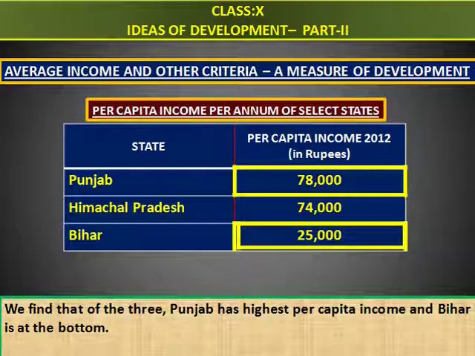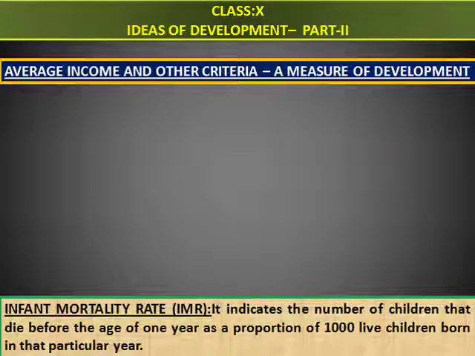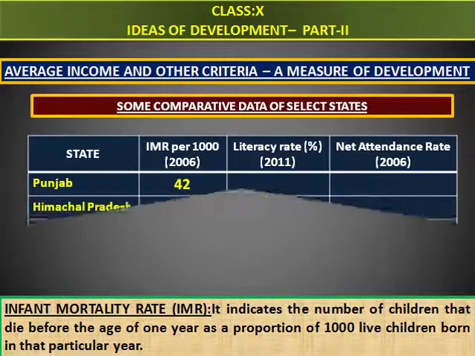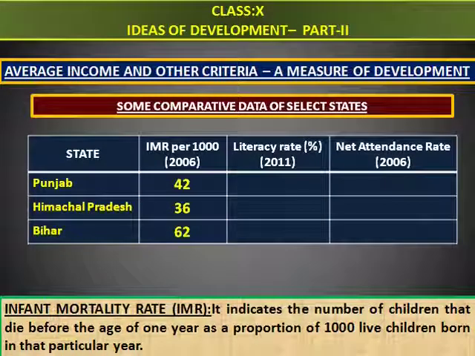Now, let us look at certain other data pertaining to these states given in the table. Infant mortality rate per 1000 means if in a year 1000 children are born in a given area, how many die out of that. The numbers are 42, 36, 62.